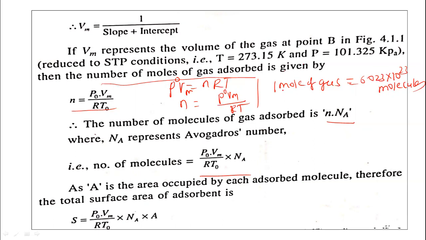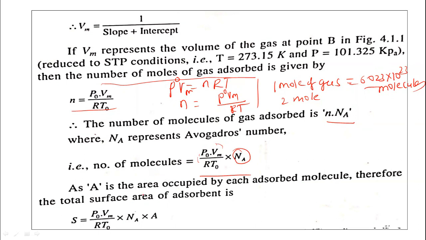Suppose we are getting 2 moles according to the volume of the gas adsorbed, n equal to 2 moles. Then 2 moles contain how many molecules? 2 multiplied by 6.023 into 10 raised to 23. So we multiply the number of moles by Na, and then we get the number of molecules.